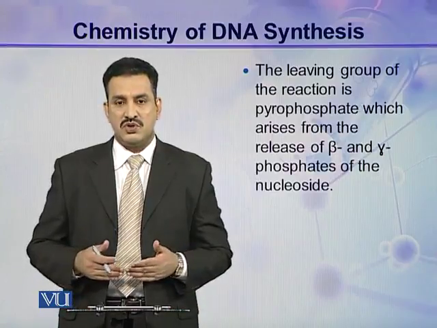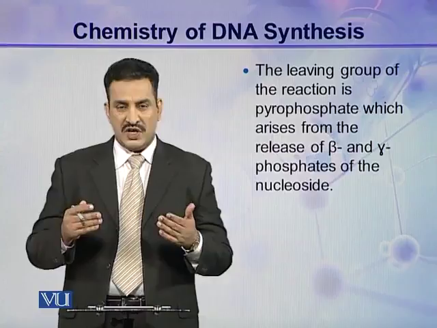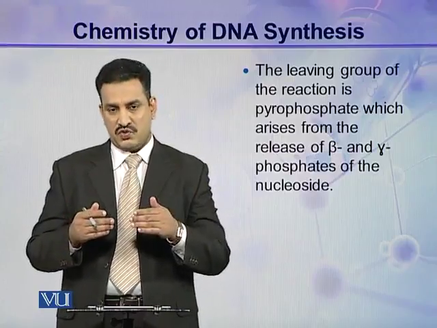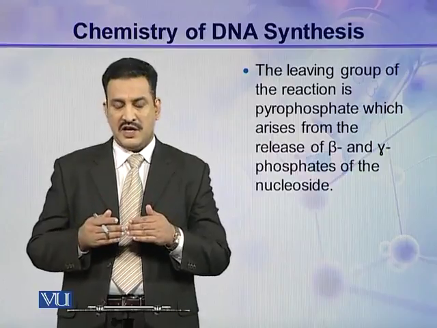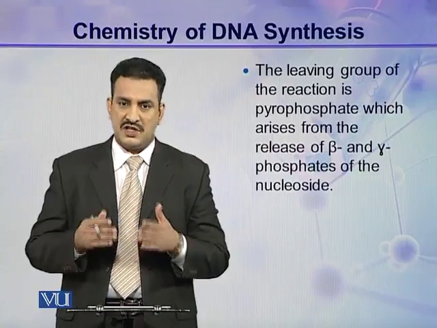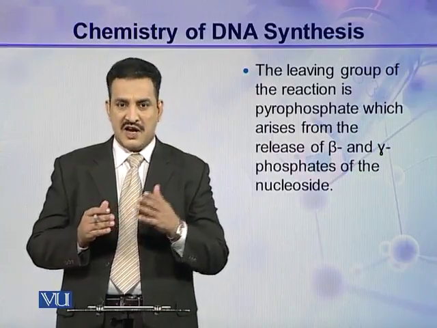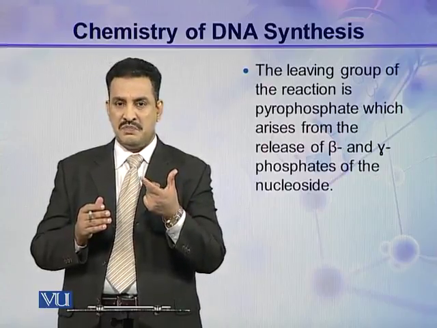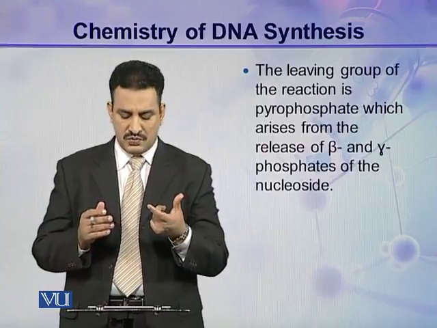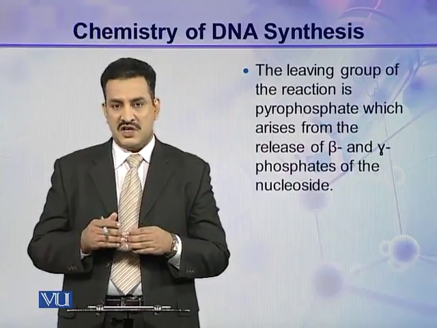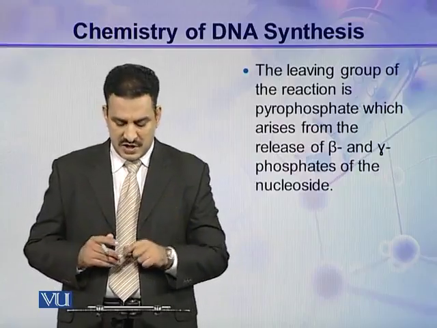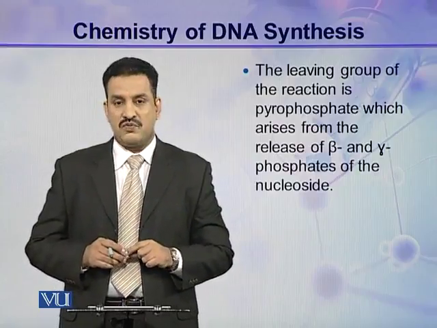As you have seen, the 3' OH attacked the alpha phosphoryl bond. As a result of this attack, that bond was broken, and the two phosphate groups, the beta and gamma phosphate groups, are released as a result of this reaction, and these two phosphates are called pyrophosphate.